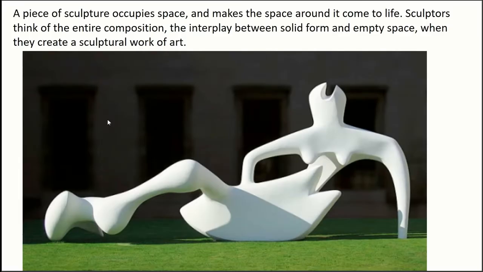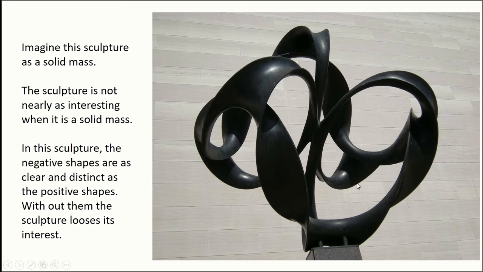And lots of sculptors have to think about the negative space and the interplay between the empty space, the negative space, and the actual positive space in the work of art. So without these spaces that are here, this probably wouldn't nearly be as interesting a composition. And the same as this one. It's one of my favorite sculptures. It's beautiful.